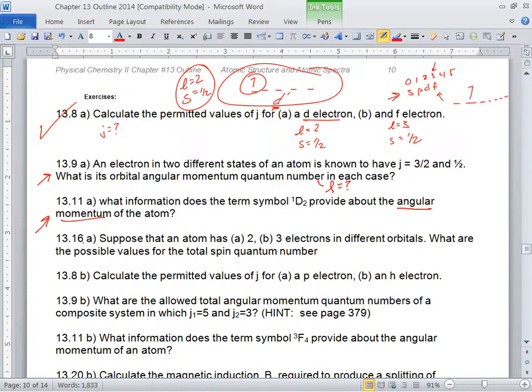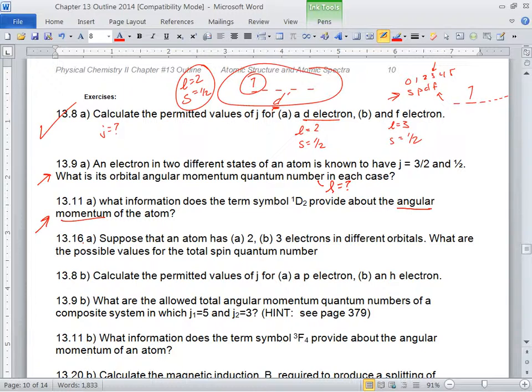Yeah, but that's not the complete answer. L equals 2. They want the angular momentum. How do you turn these quantum numbers into momentum? The square root of L times L plus 1 times h bar. So what you've got to do is figure out what L is and then substitute into our expression.